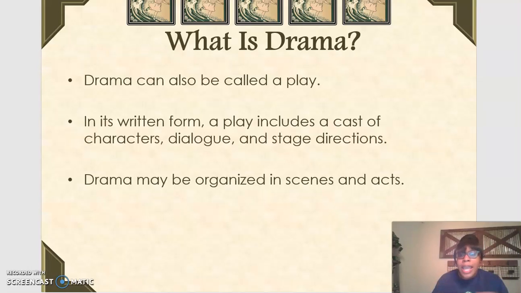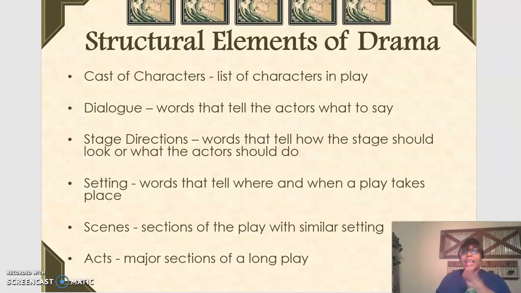And drama can be organized in scenes and acts. Let's look at the structural elements of drama. It has a cast of characters. Those are the list of characters in a play. Dialogue. Those are the words that tell the actor what to say. Stage directions. That's words that tell how the stage should look and what the actor should do.